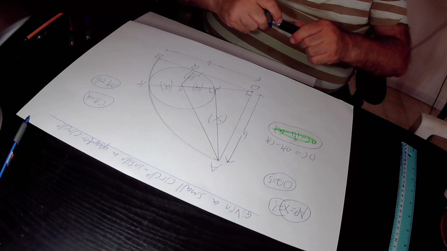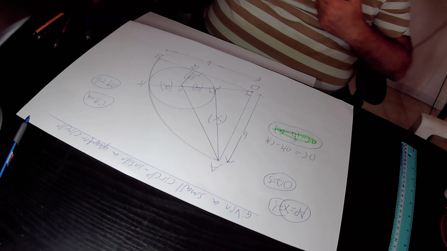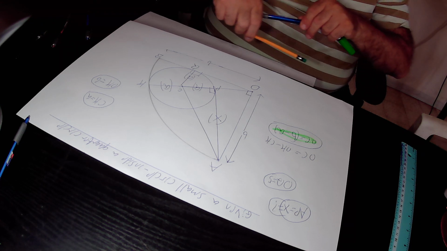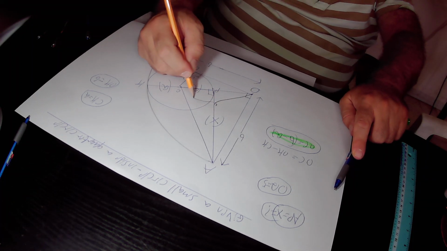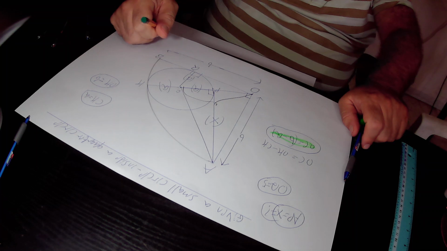So this hypotenuse OC is equal to B minus A units in its length.